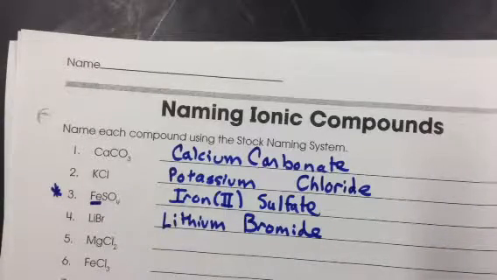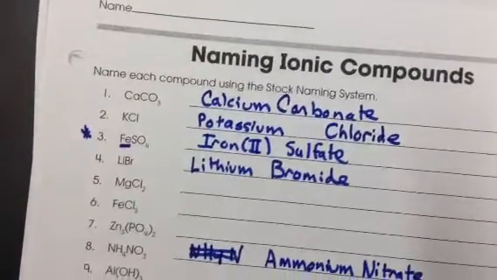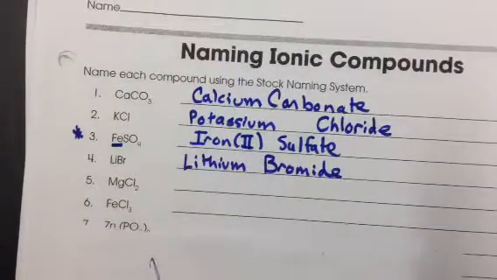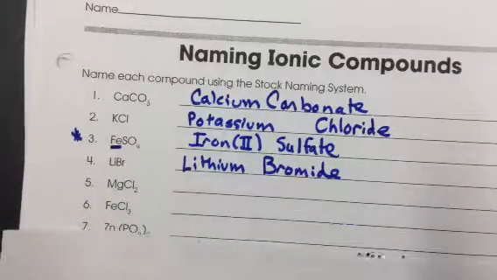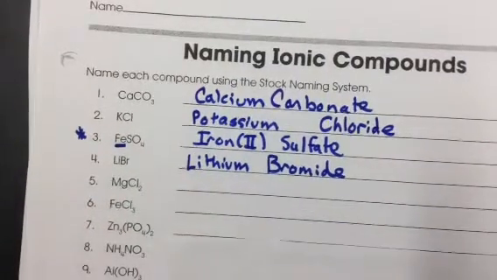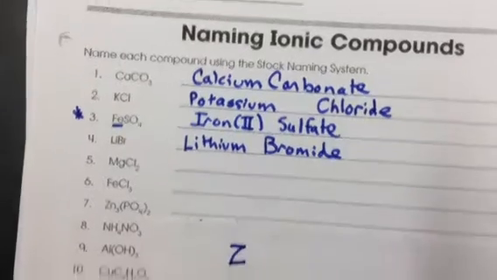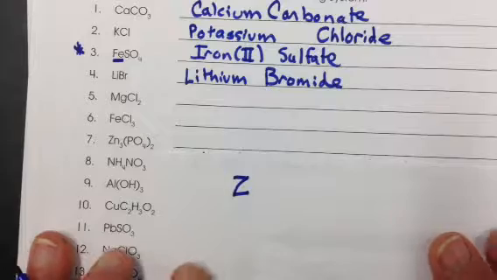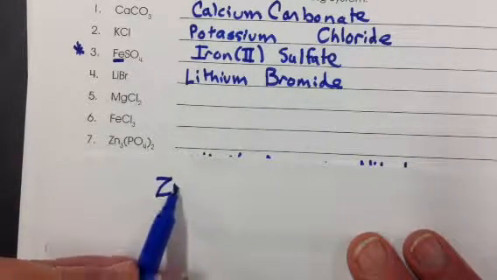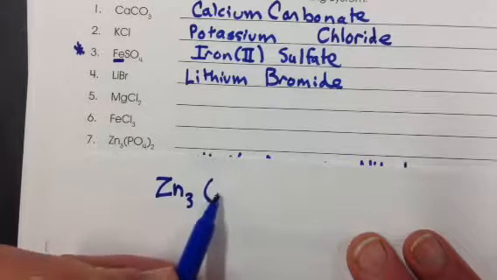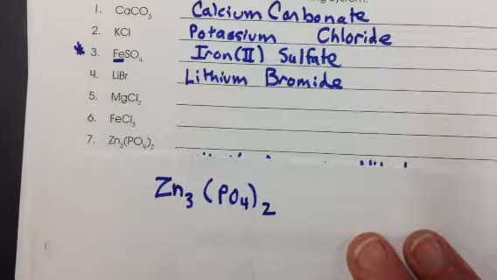Let's find another one, and we'll do one more example. We'll come down here to this one that looks very complicated. I always like to do the complicated ones as the example, let you do the easier ones, so you're not afraid. So right here we have zinc 3, PO4, 2.